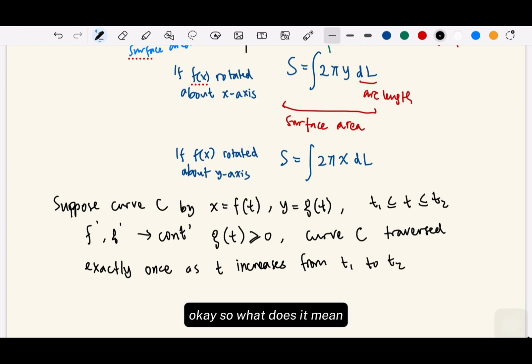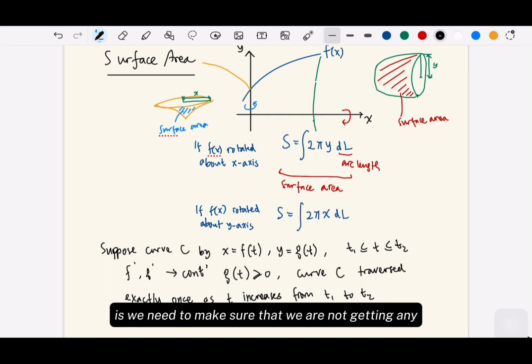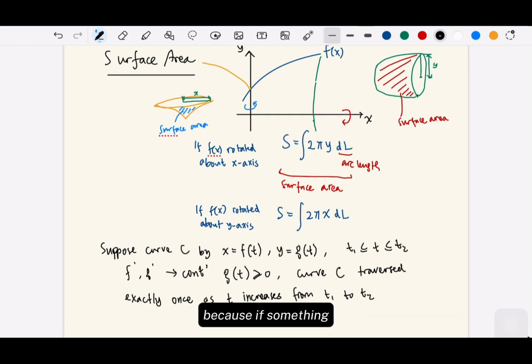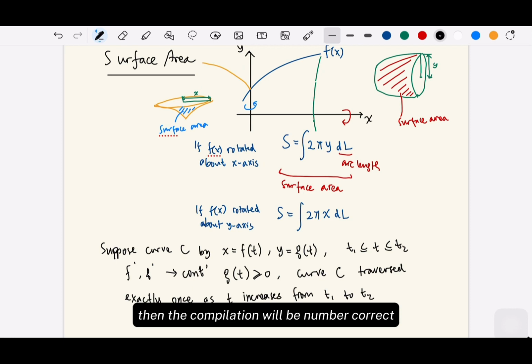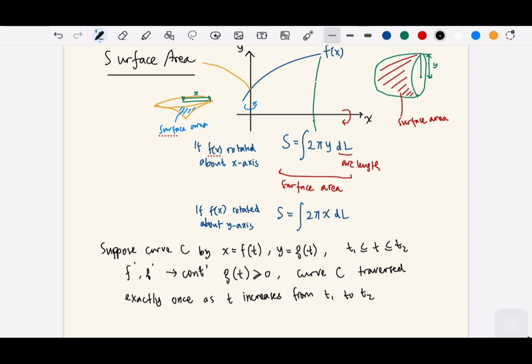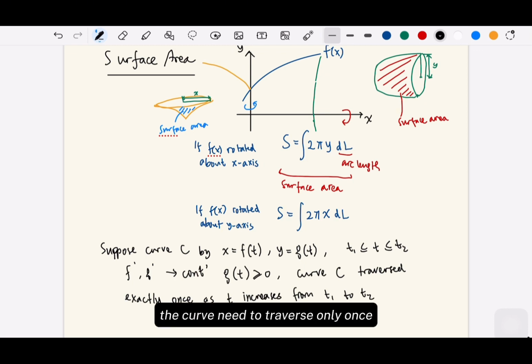What it means is we need to make sure that we are not getting any loop, because if we travel the point twice, for example, then the calculation will not be correct. The arc length is also the same. The curve needs to traverse only once.